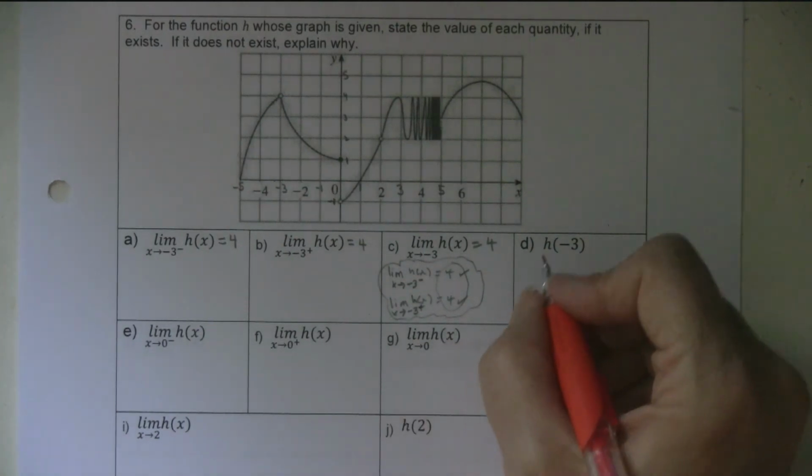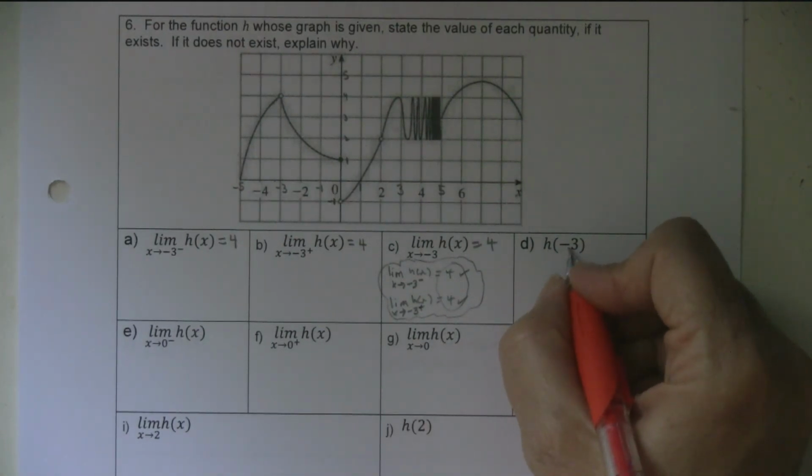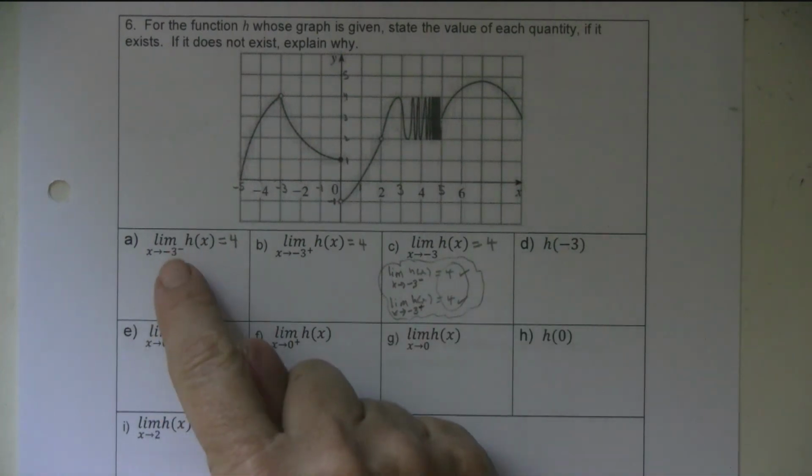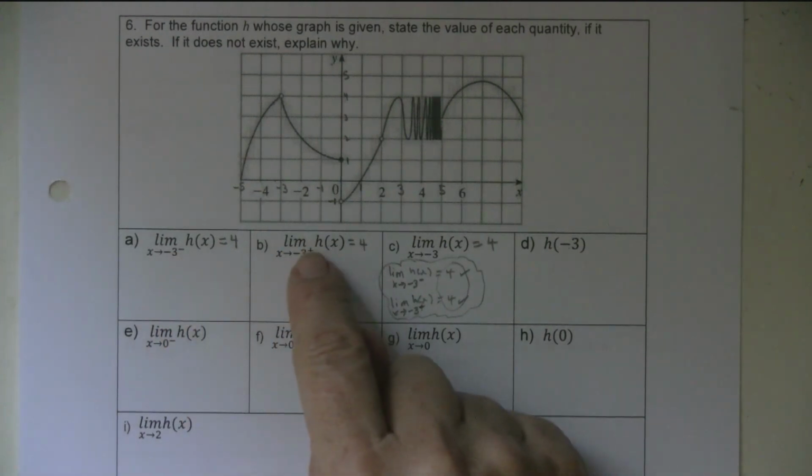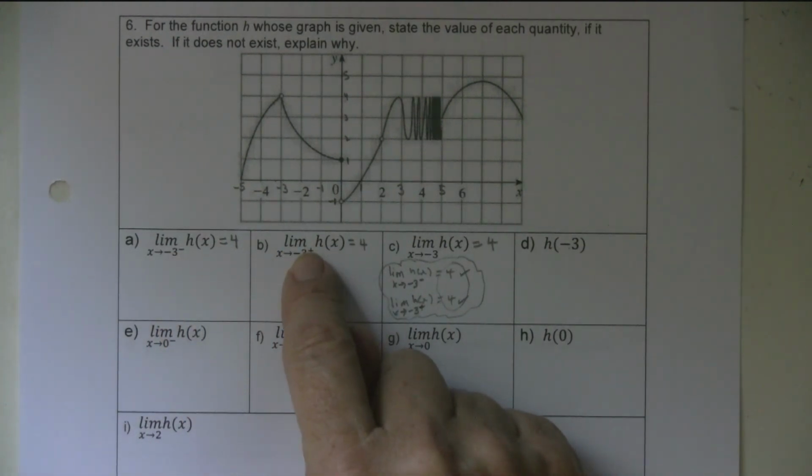Now I want us to look at what h at -3 is. This was saying get really close to -3, but always stay smaller than -3. This is saying get really, really close, but stay bigger than it, right?